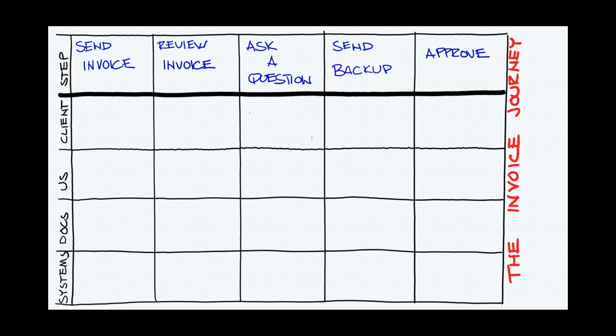The best case scenario probably can't be improved all that much. Map out maybe a scenario where there's a flaw. Clearly, this step here, ask a question, means we didn't get the invoice right. And we probably constantly deal with clients calling us, asking us a question about the invoice. So it's not like we're mapping a one-time exception. We're mapping kind of a common situation here.